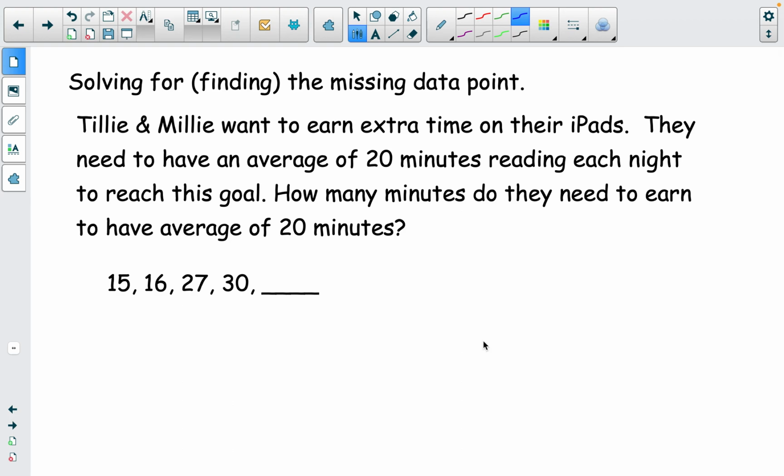Make sure you are taking the time to set up your paper. Tilly and Millie want to earn extra time on their iPads. They need to have an average of 20 minutes reading each night to reach this goal. How many minutes do they need to earn to have an average of 20 minutes?